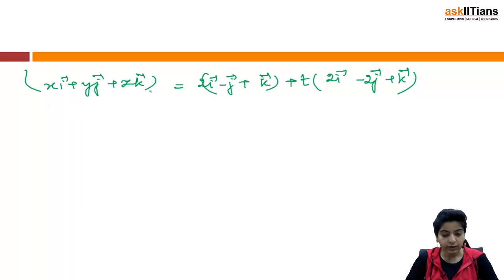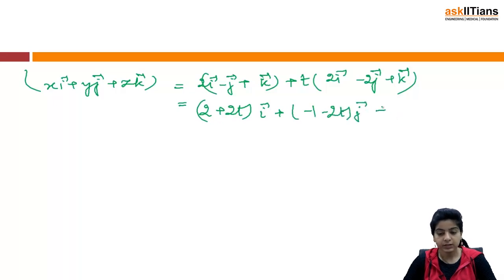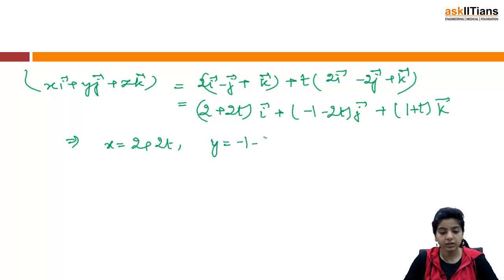So we get, this can be written as 2 plus 2t i plus minus 1 minus 2t j plus 1 plus t k. This is what we have obtained. So this means x is 2 plus 2t, y is minus 1 minus 2t, and z is 1 plus t. This is what we have obtained, the values of x, y and z.